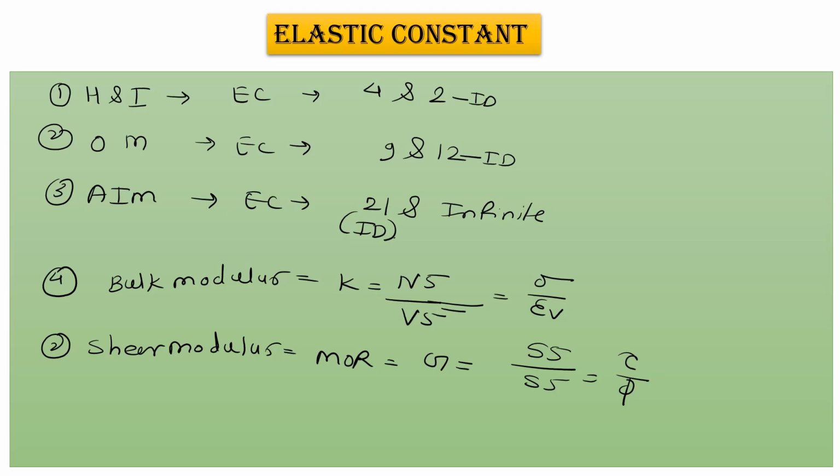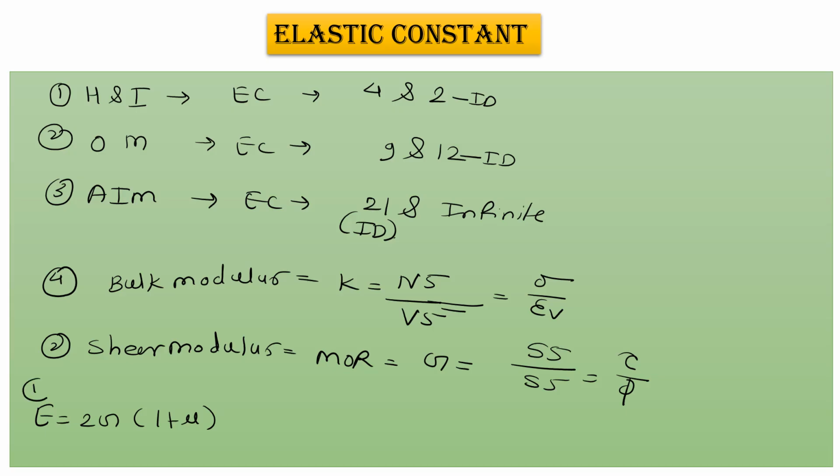Then next, these are the different formulas related to Young's modulus, shear modulus, bulk modulus and Poisson's ratio. By using all four elastic constants, there are a few formulas which are very important. First is E equals 2G times (1 plus mu). Here we relate Young's modulus, shear modulus and Poisson's ratio.